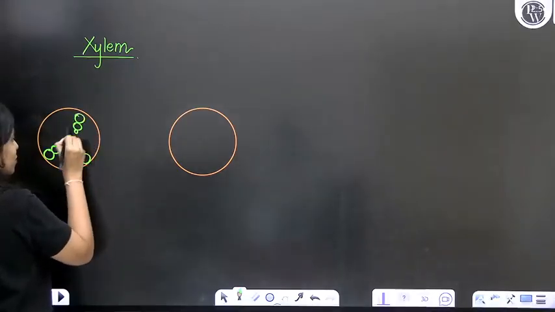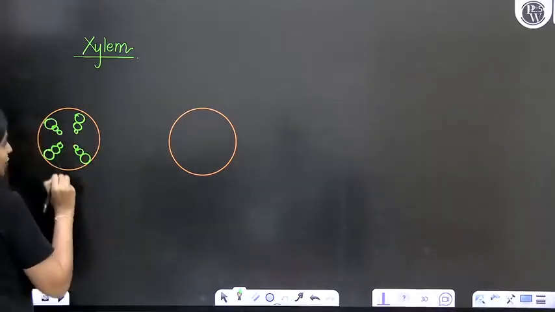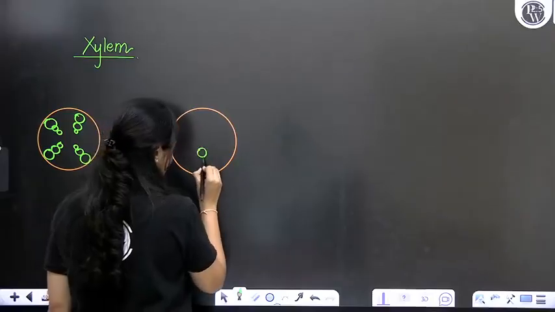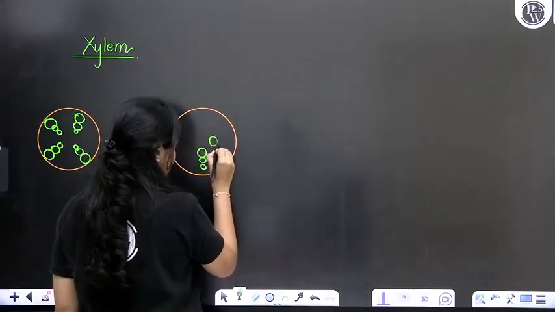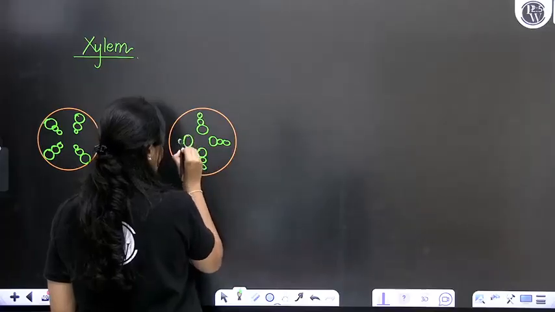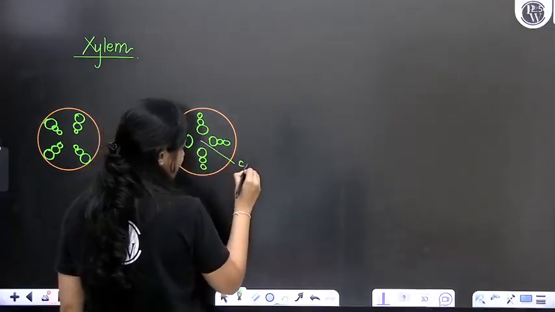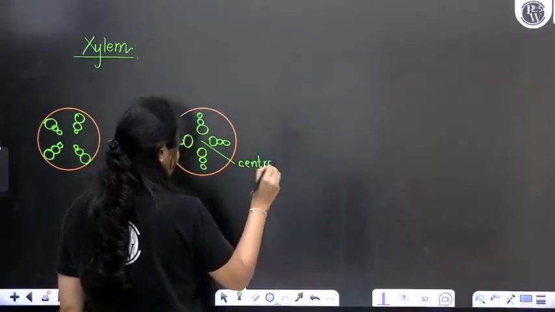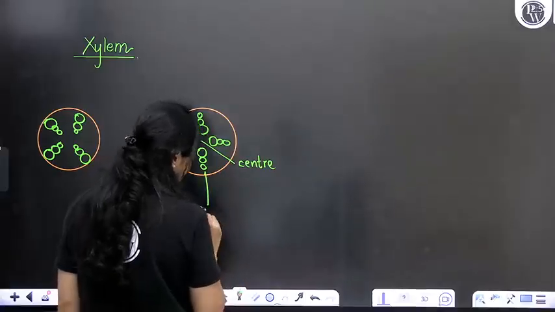Whichever is first formed will have a smaller lumen, whichever is later formed will have a bigger lumen. This is the center of the plant, whichever part, and this is the peripheral region.